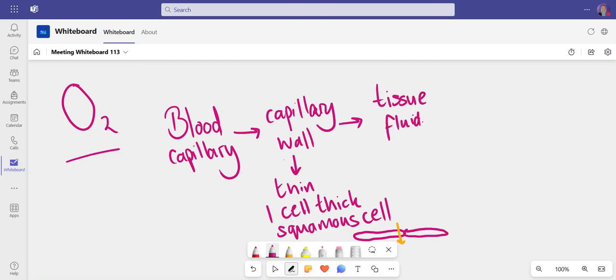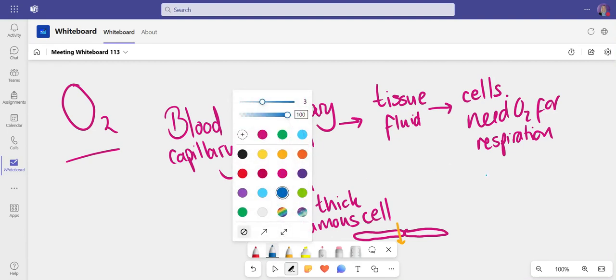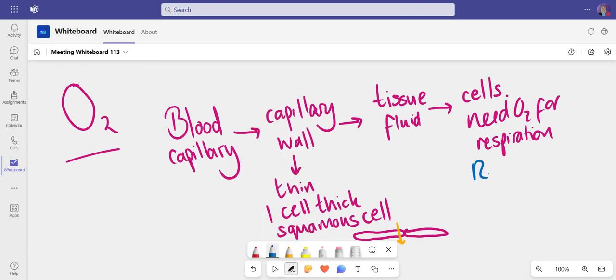Okay, so they go through the capillary wall and then they end up in the tissue fluid. Then from the tissue fluid, it can go into the cells. Okay, the cells need oxygen for respiration. And then remember that respiration makes carbon dioxide. So in the cells, respiration makes CO2.